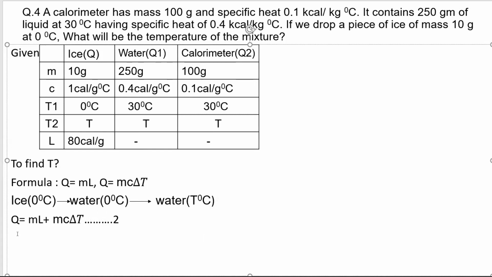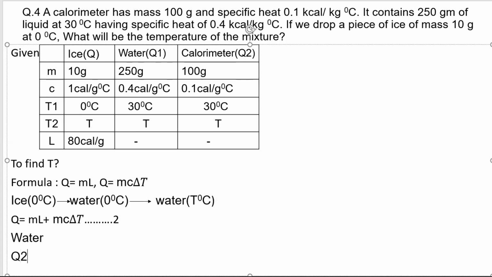Now, next is water. In the case of water, that is liquid in the calorimeter, initial temperature is 30 degrees Celsius. It will get converted to water at T degrees Celsius. There is no change of phase. Only temperature is changed. It lost heat. Let it be Q1.